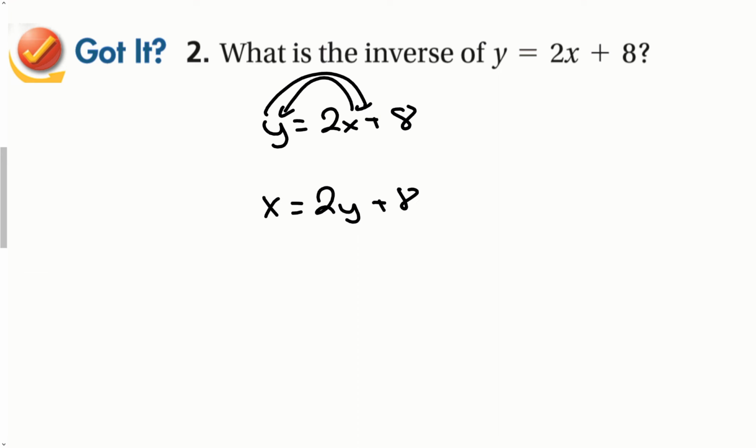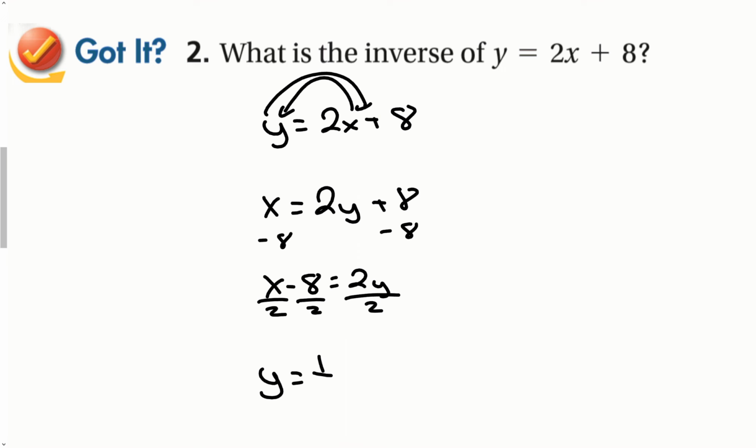I just switch x and y. Now just get y by itself. So subtract 8. x minus 8 is equal to 2y. Divide out the 2. So y is equal to, and then I'm just going to reverse these because I like to have y over here on the left. So that's 1/2 x minus 4. Okay, so that is the switch and solve strategy.